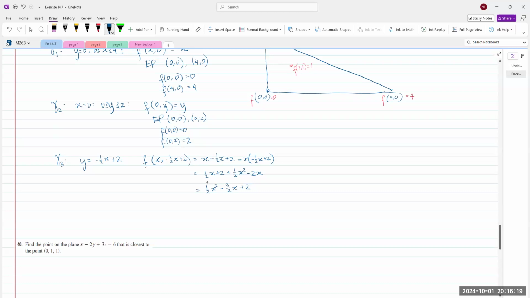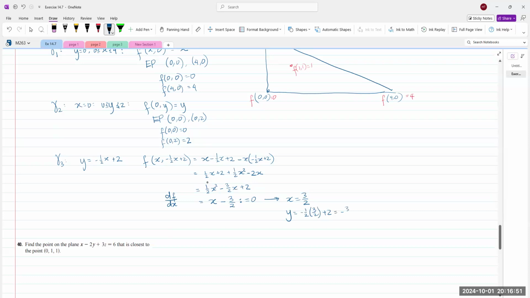Now, because this is a single variable function already, we can take the first derivative with respect to the variable x. That is x minus 3/2. Set it equal to 0. That gives us the critical point x equals 3/2. Therefore, y will be negative 1/2 times 3/2 plus 2.